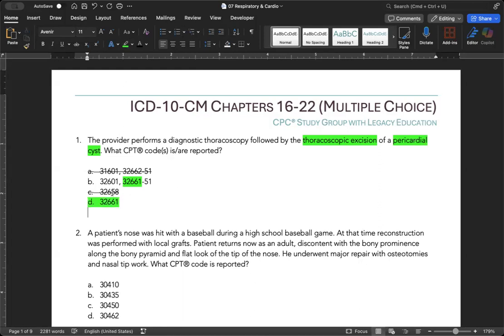By itself or with. If we have a diagnostic thoracoscopy that is converted into a surgical thoracoscopy, we should only report the surgical. So our answer is letter D.